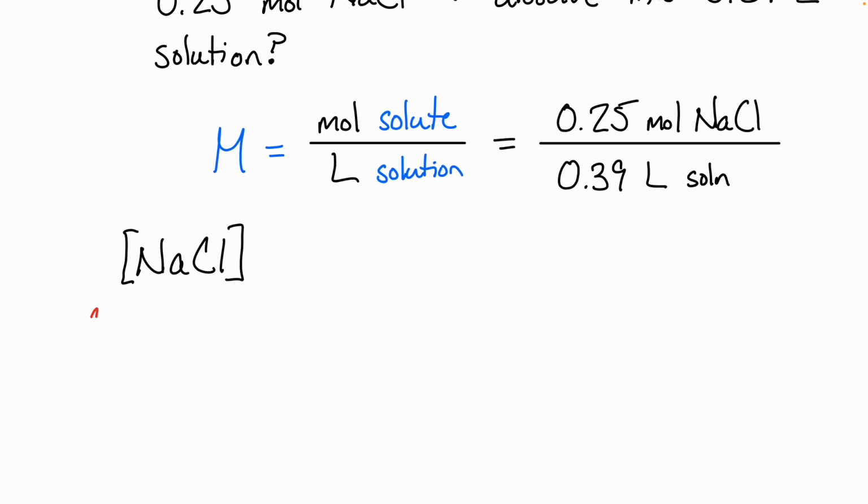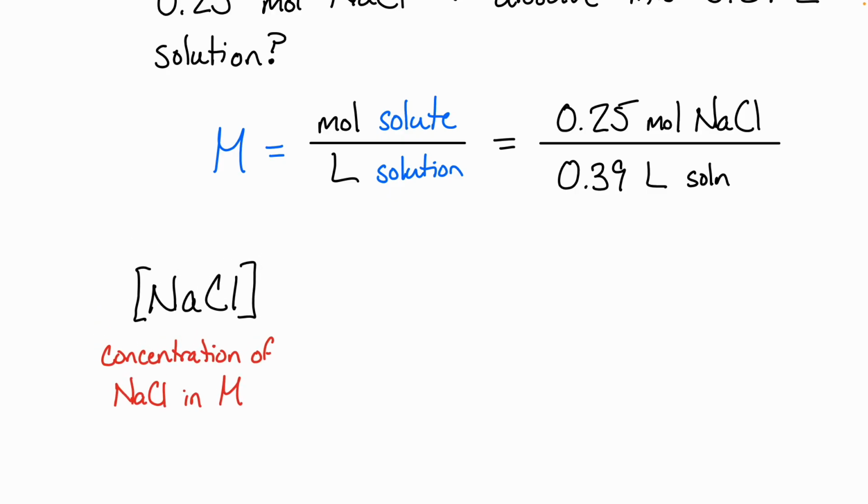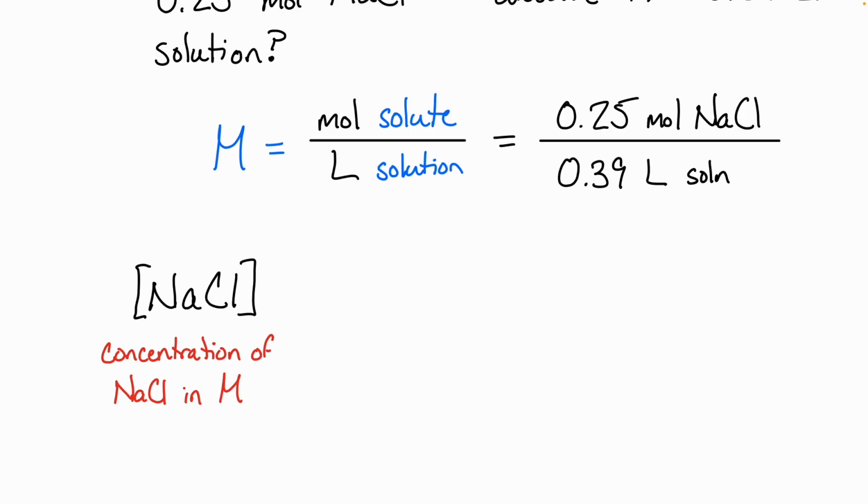This simply means the concentration of whatever inside the bracket, whatever chemical formula is inside the bracket, in this case NaCl, in molarity. All right, we're going to use this bracket shorthand quite a bit, and it stands for concentration of whatever it is your solute is, specifically in those chemistry units of molarity.